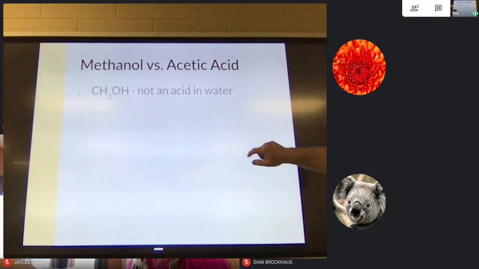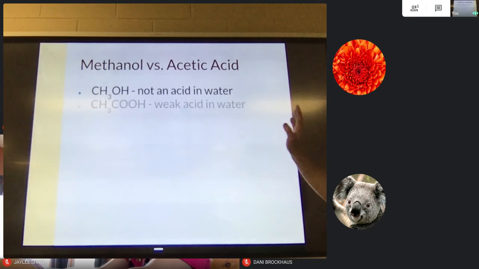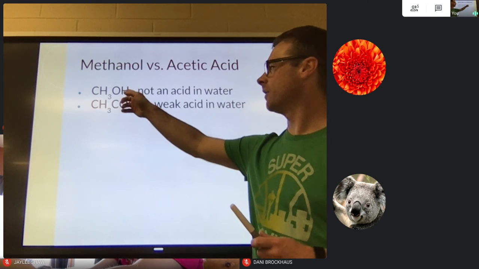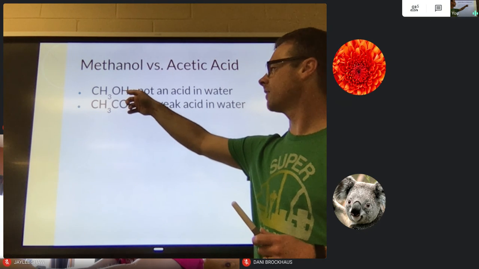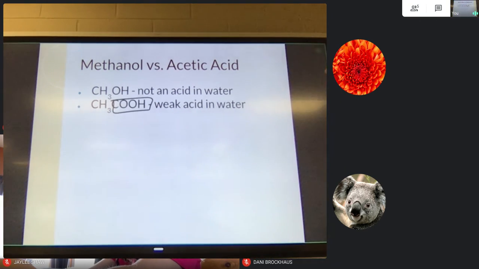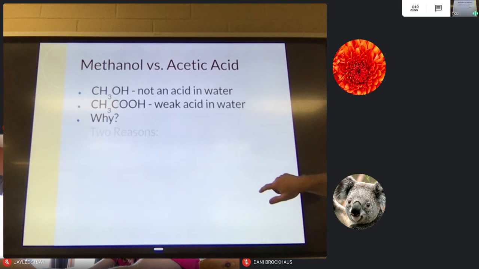Methanol versus acetic acid. I'm just going to go ahead and talk about this just because it might come up. I'm not really worried about this. But when you look at methanol versus acetic acid, the reason that methanol is not an acid and acetic acid is, is because of the stability of that carboxylic acid group. For whatever reason, that thing is a more stable base.